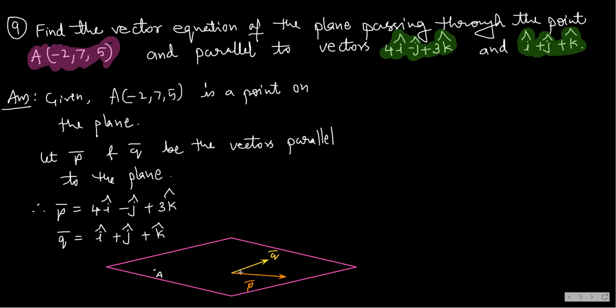And one point on the plane is given. What will I do next? I will find the cross product of these two vectors, and the cross product will be in this direction. It will be perpendicular to both the vectors.